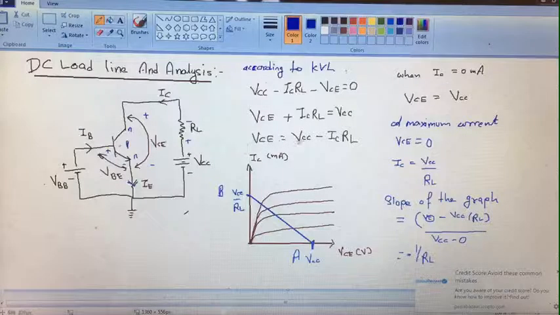Then VCE is equal to VCC minus ICRL. When VCE is 0, in that case IC equals VCC upon RL. The slope of the graph is equal to 0 minus VCC upon RL upon VCC minus 0, which is equal to minus 1 upon RL. And when IC is 0 milliampere, then VCE equals VCC.